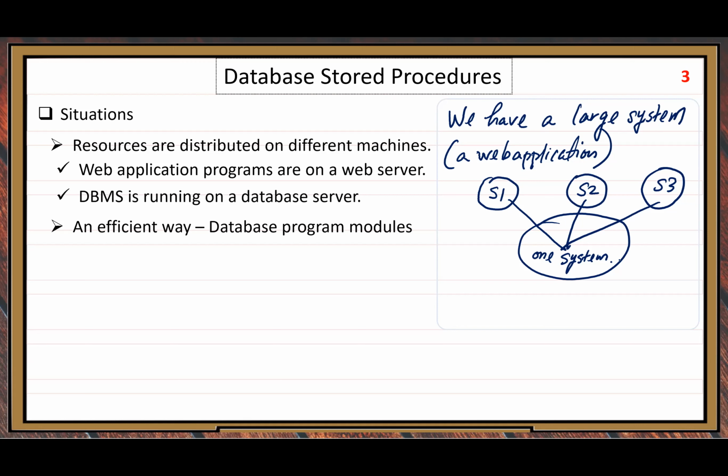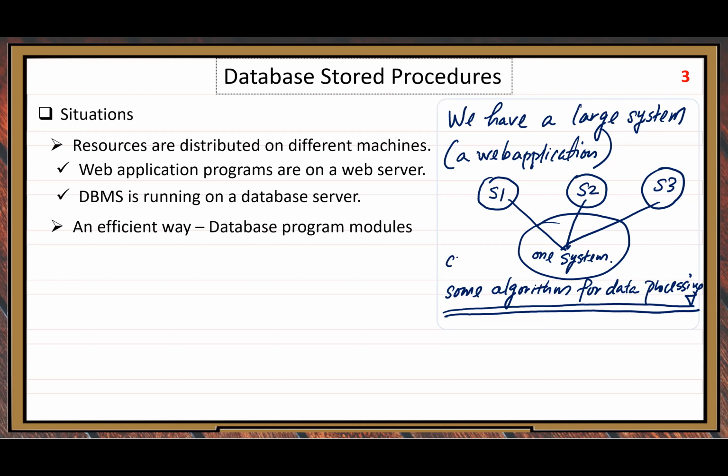Suppose there is some algorithm for data processing, and suppose this is critical for business.